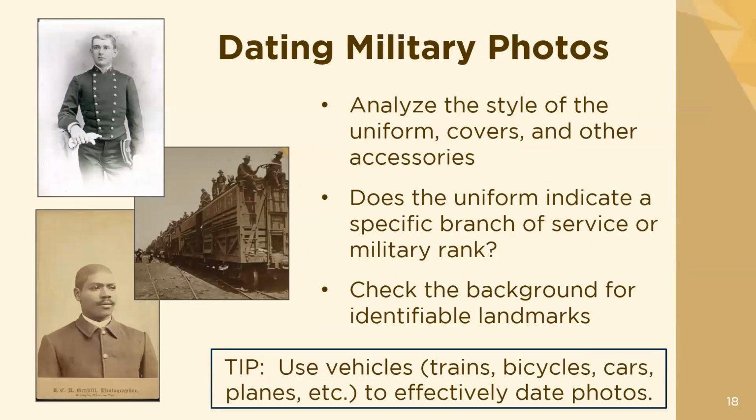Dating military photographs. You need to analyze the style of the uniform, covers and other accessories. Buttons are a big thing. Look at the button and see what's on there. If it's a military uniform from the US, it'll say US on the button.